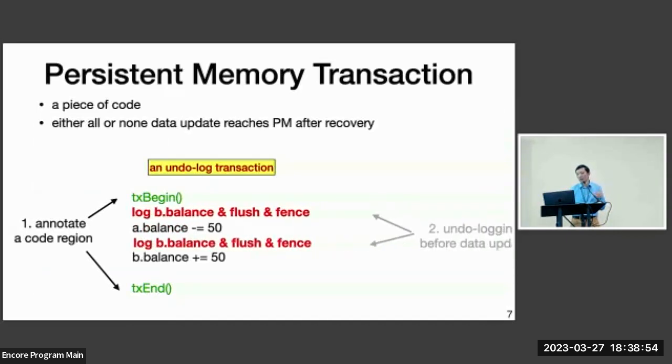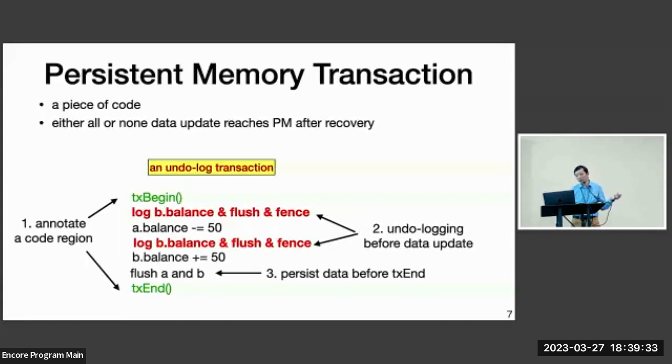What actually happens is, when you have these transaction constructs inserted, the compiler will insert logging instructions before you update the data. What is important is that after the compiler inserts the logging instruction, it also inserts flush and memory fence instructions. This ensures that before you really update the data value, the old value of the data is already put into the persistent memory.